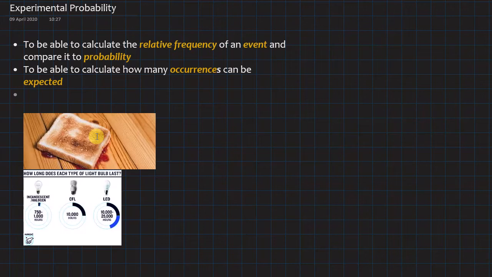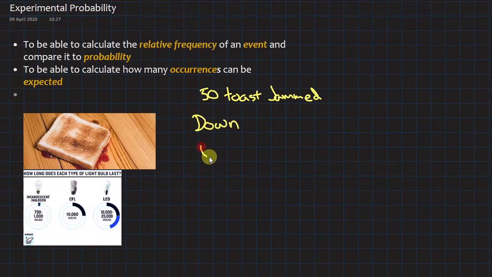What you would probably do is go away and make maybe 50 pieces of toast, all jammed, and check, did it land jam down or jam up?